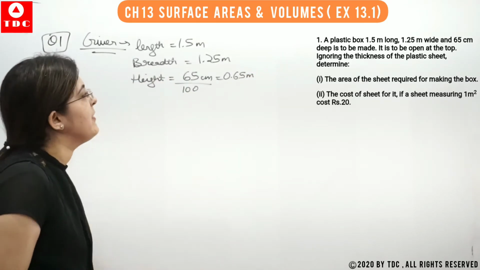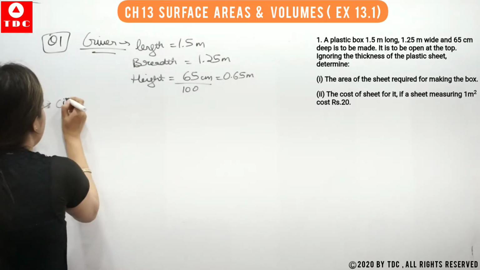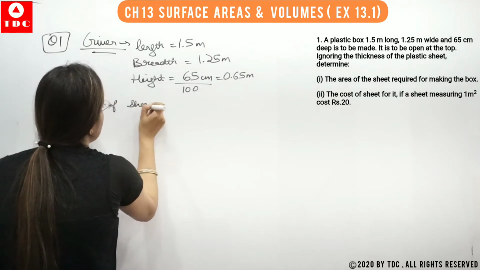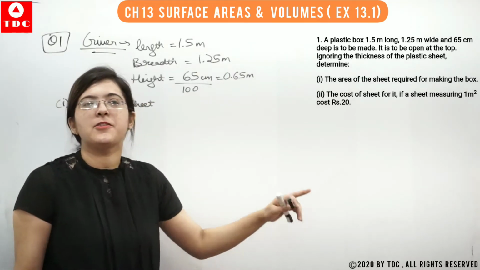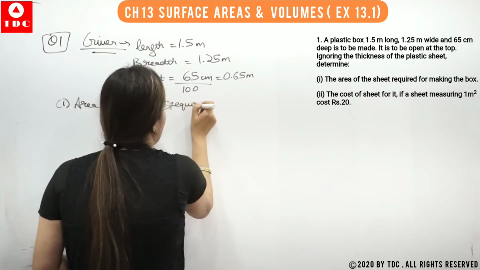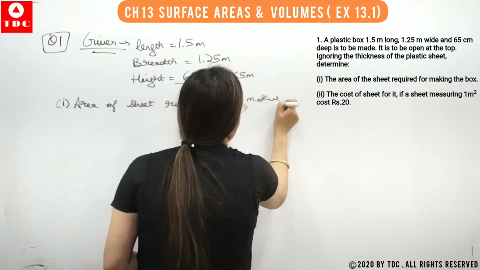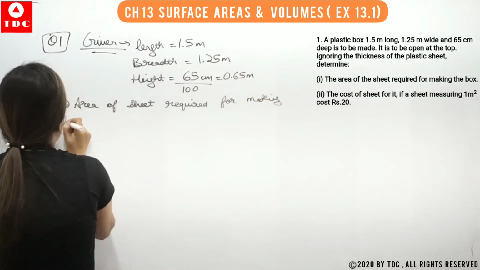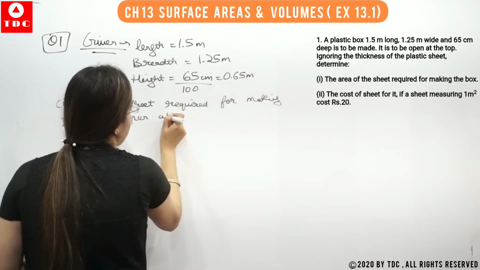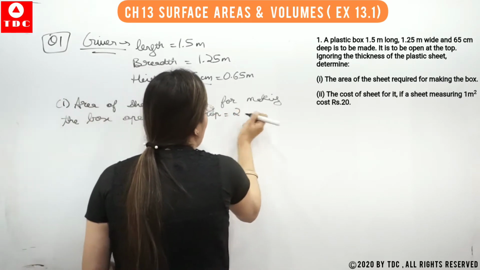Now what we will have to calculate in the first part: area of sheet. Area of sheet we need to calculate, required for making the box open at the top. That means your box is open at the top.